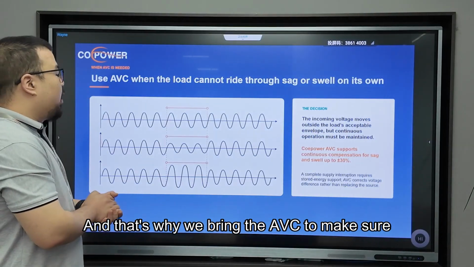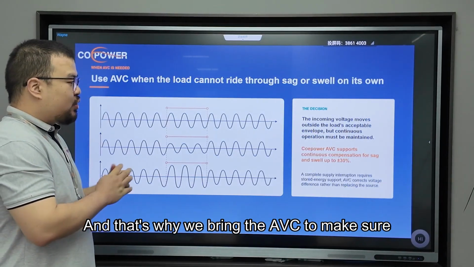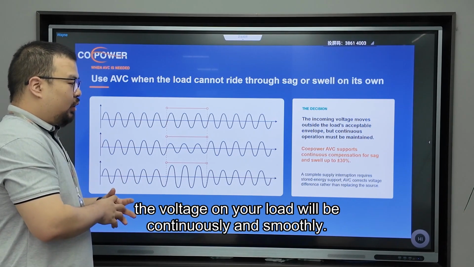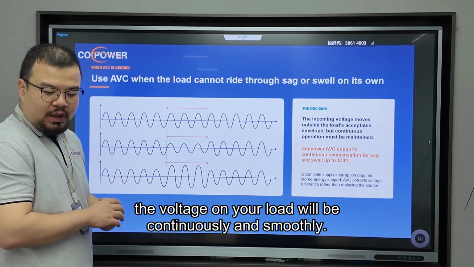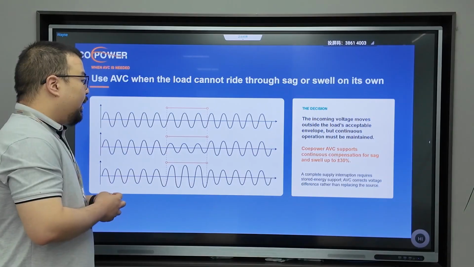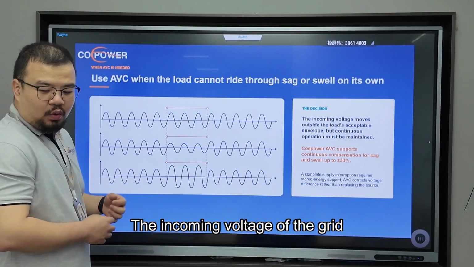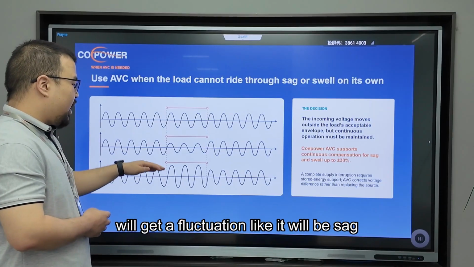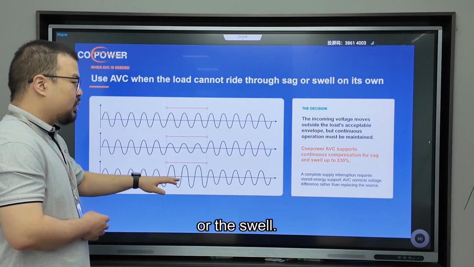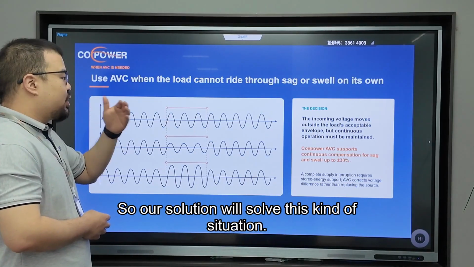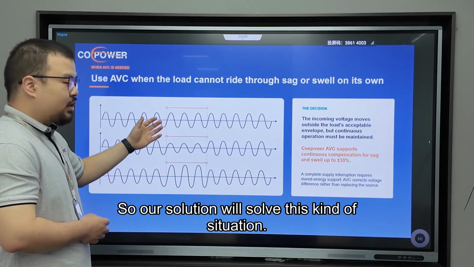And that's why we bring the AVC, to make sure the voltage on your load will be continuous and smooth. The incoming voltage of the grid may fluctuate, like sag or swell, so our solution will solve this kind of situation.